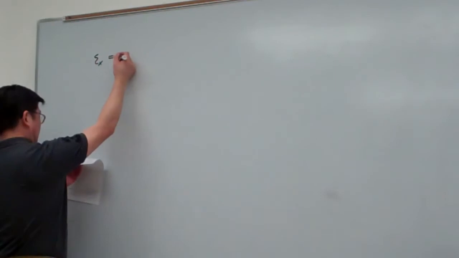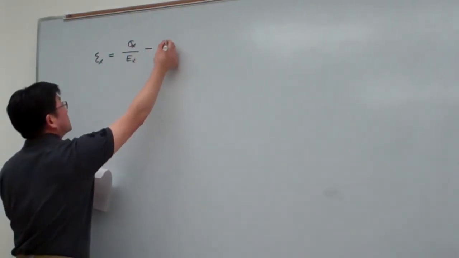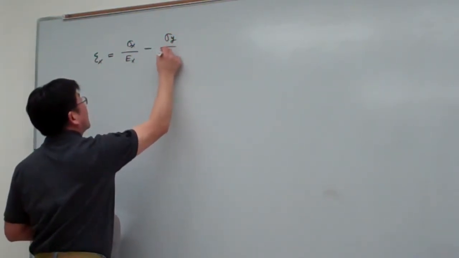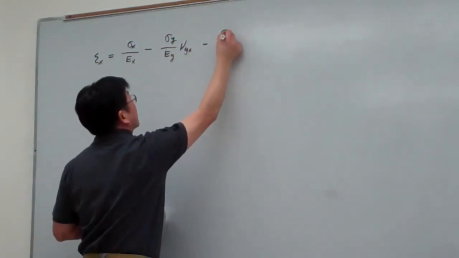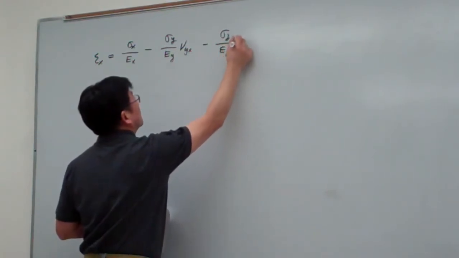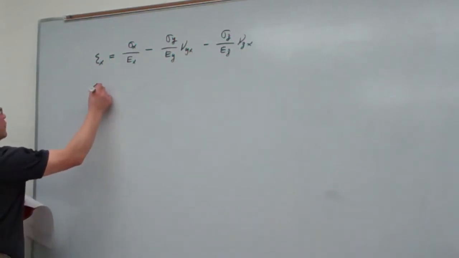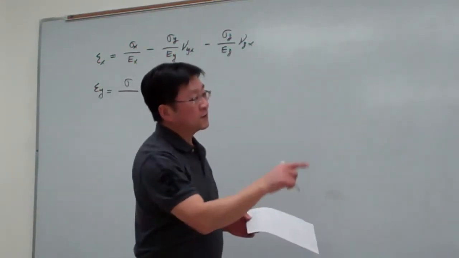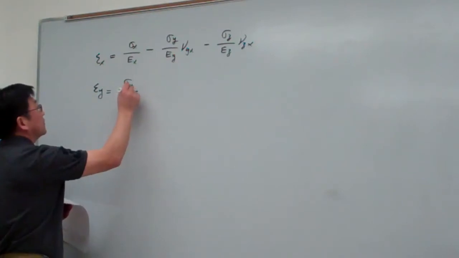It is a little bit too much writing, so let me do this carefully. Epsilon x equals sigma x over Ex, minus sigma y over Ey mu yx, minus sigma z over Ez mu zx. Okay, and epsilon y will be equal to sigma y over Ey. I'd like to take the leading term as positive, so as an axial term.